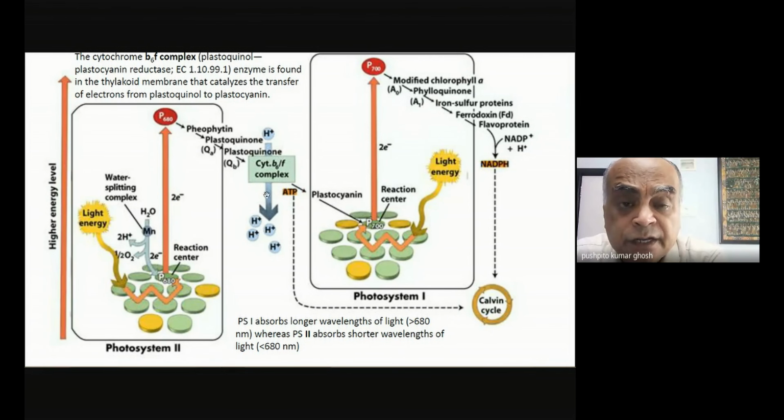I did not give off the electron as such to ADP, I only transferred energy. So the electron now goes and combines with the hole which is formed here, and takes care of that.